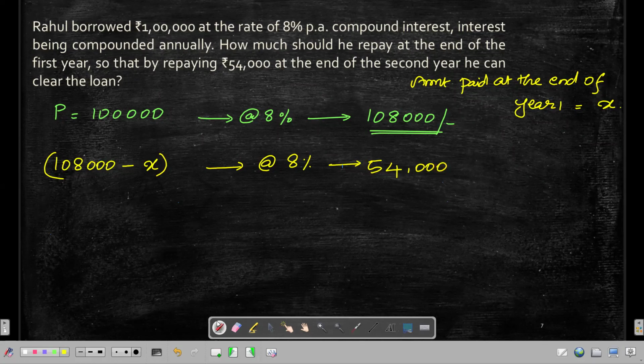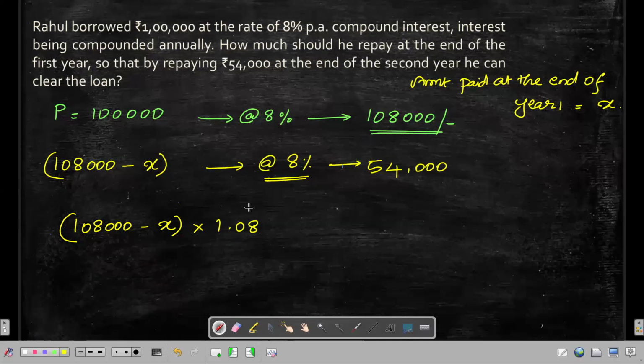Okay. So what does an 8% rate mean? Multiplying the principal amount with 1.08. 8% extra means multiplication with 1.08. So 1,08,000 minus X, the outstanding amount, grows by 8%. Growth by 8% means multiplication with 1.08, and that results in 54,000.